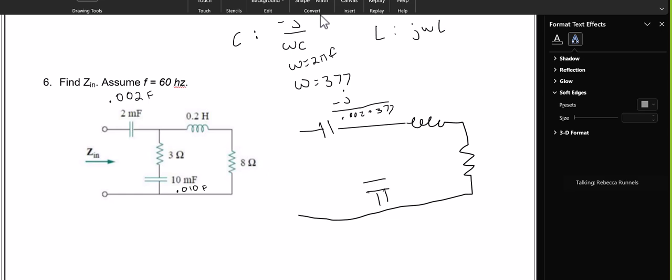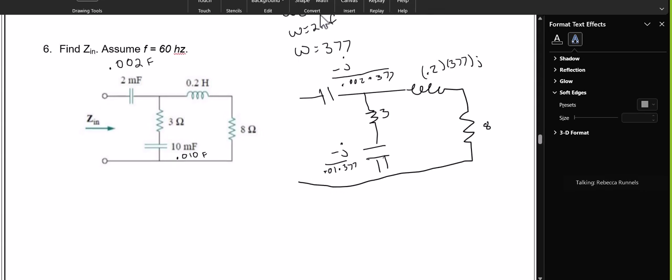This one is minus J over 0.01 times 377. The resistor stays nicely as 3 and 8. And this is going to be 0.2 times 377 J. And then Z is just the total impedance?